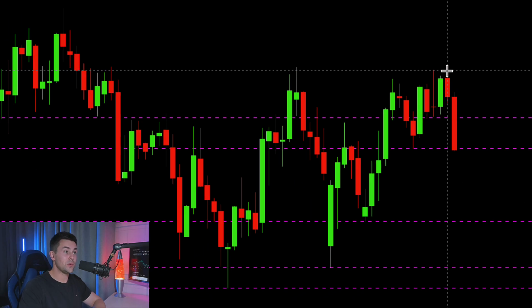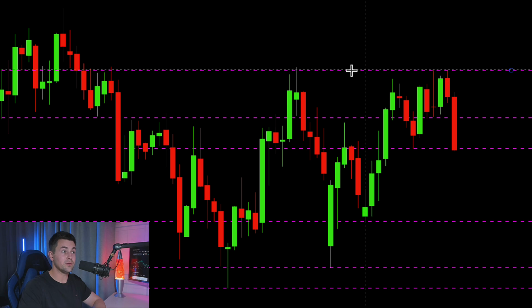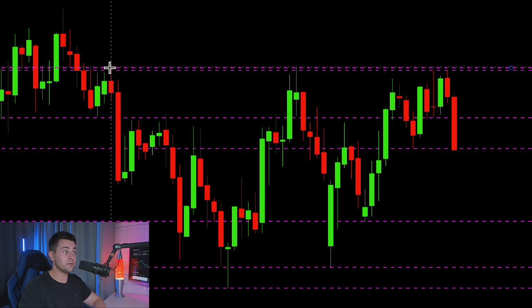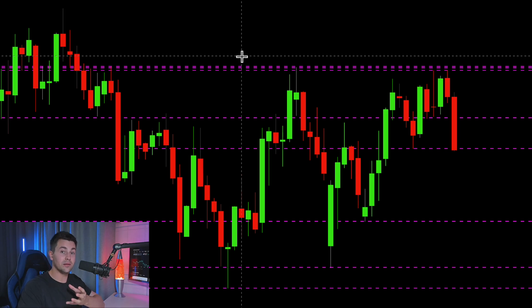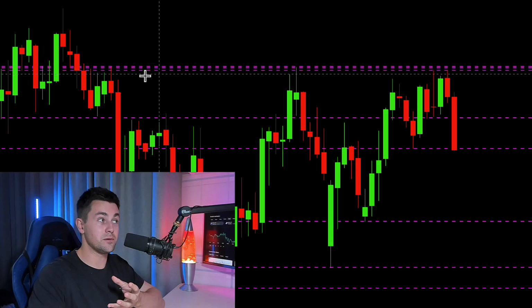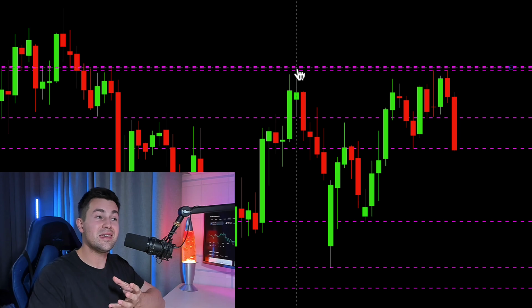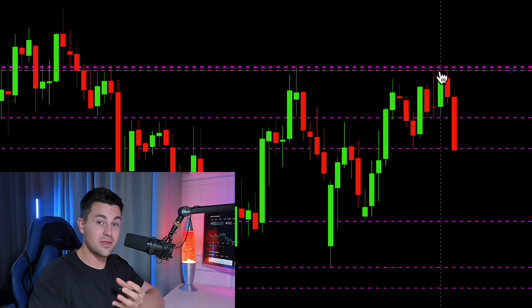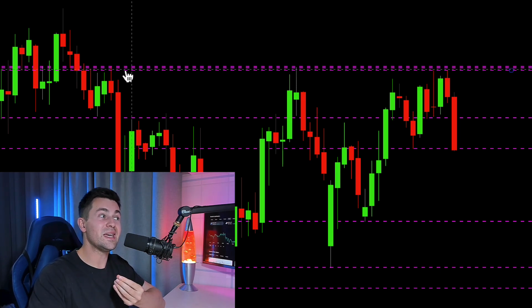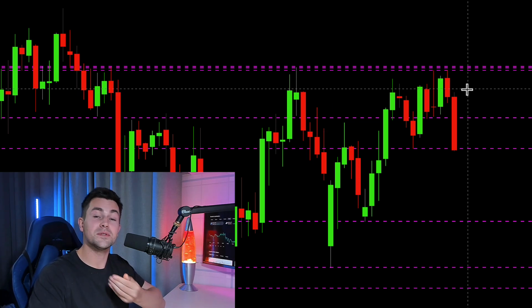You can see that we have strong horizontal key level right here, and right here. You can see that we have multiple levels lying very close to each other. You can see that over time, the price respected these levels, so we underline these 3 levels even though they are lying very close to each other.